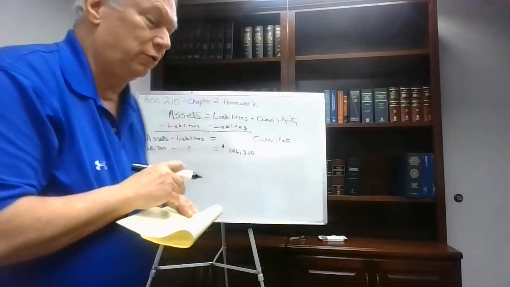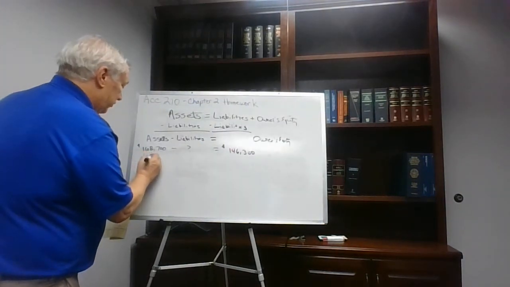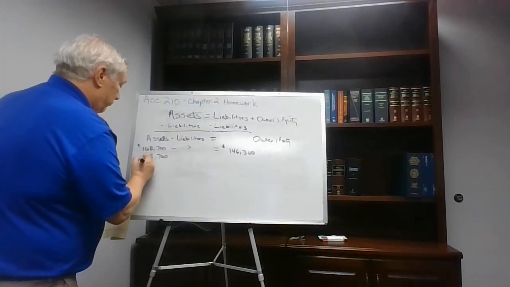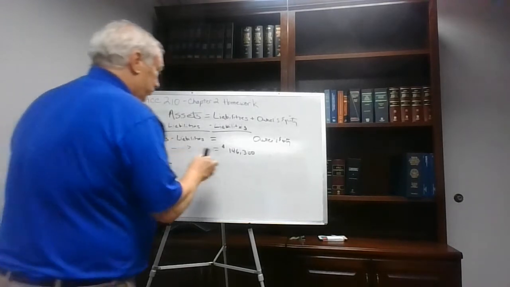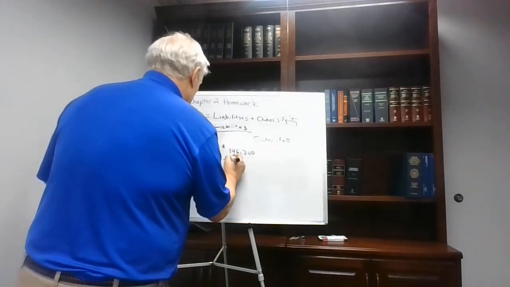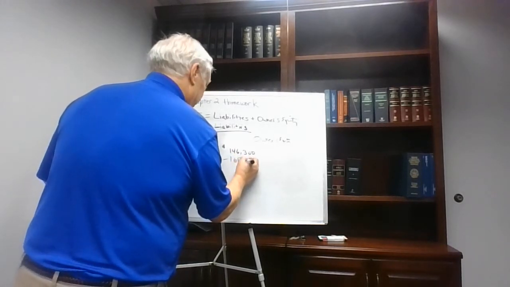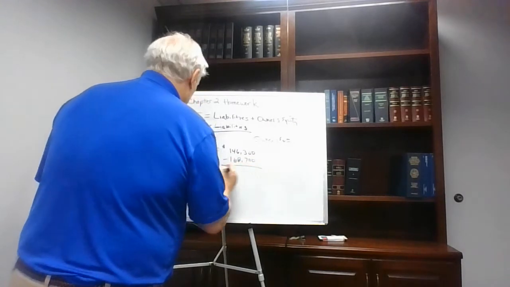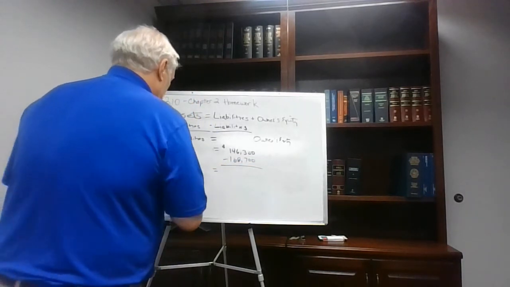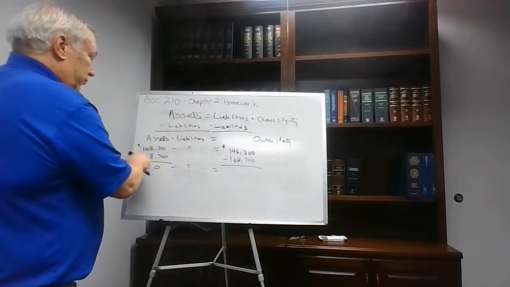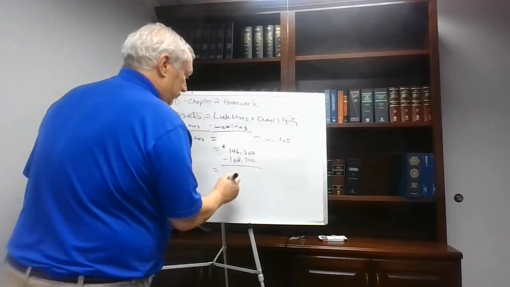If you do what I've told you to do, which is to subtract 168,700 from both sides to zero out what's on this side and isolate the variable you're solving for, you get 0 assets, minus liabilities equals a negative number.